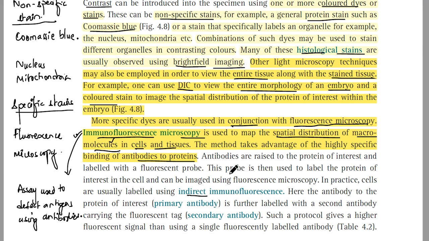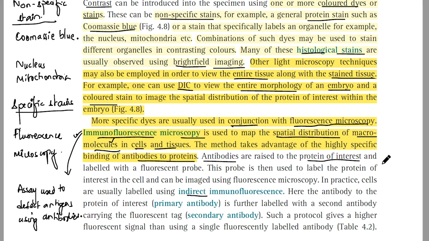So here, see, antibodies. I told you, these antibodies are raised to the protein of interest, which means they should bind with the specific antigen. Here, protein of interest means they are going to bind the antigen that we want to detect.